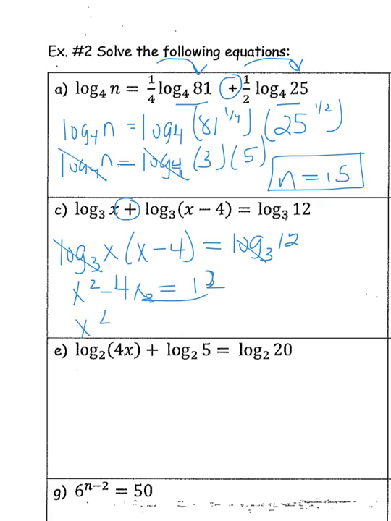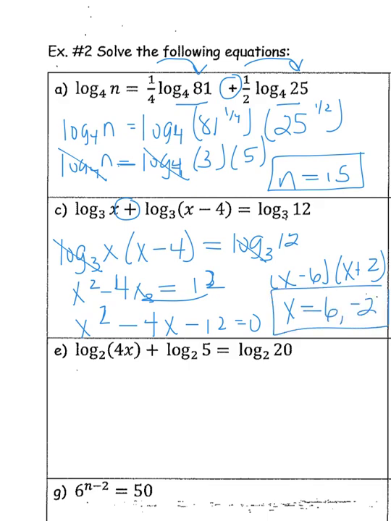So I get x squared, my stylus isn't working very well, minus 4x minus 12 equals 0. When you factor, you get x minus 6 and x plus 2. Set each of them equal to 0 and solve, you get x is 6 and negative 2.